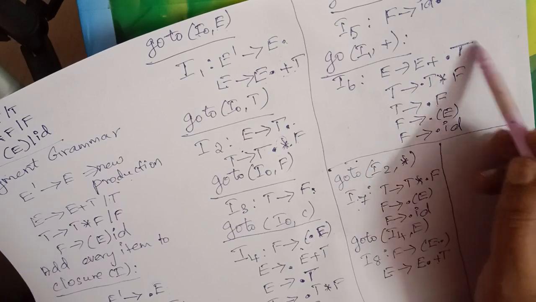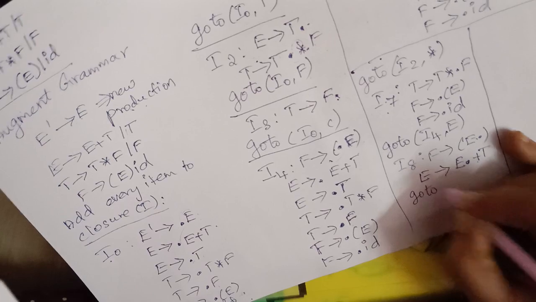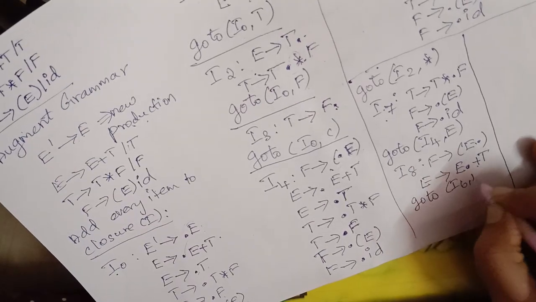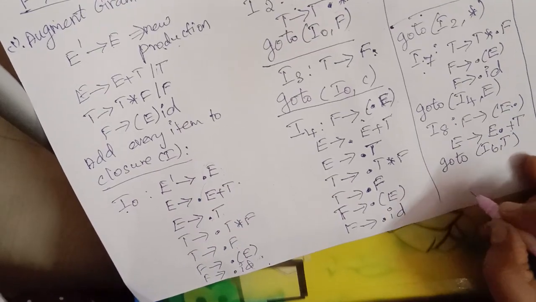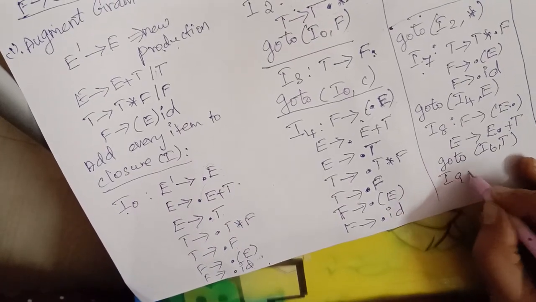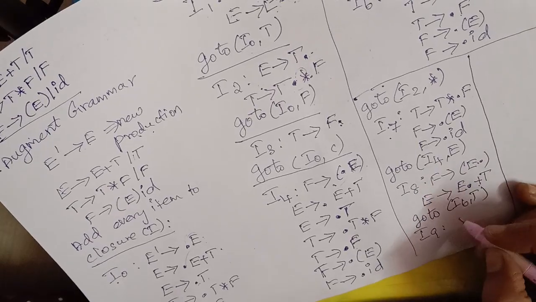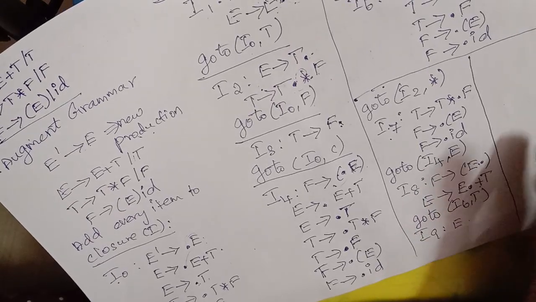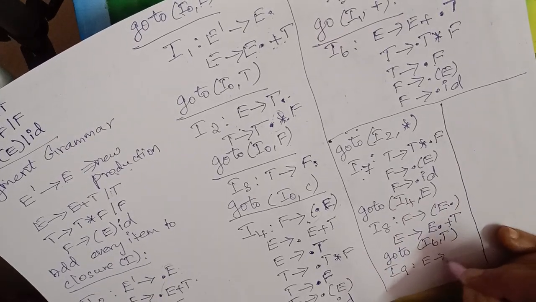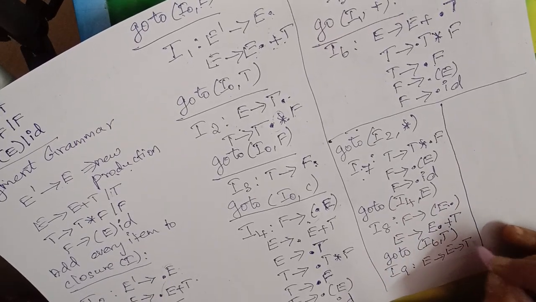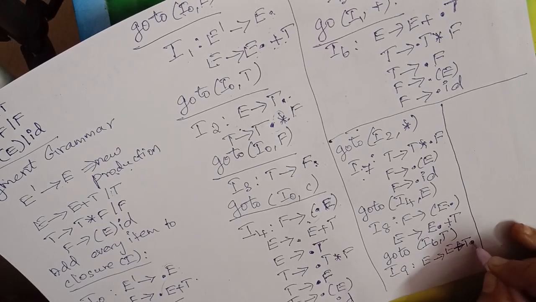For I6, the dot needs to be brought here, so apply goto I6 comma T. I'll get a new item I9. I9 is E tends to E plus T dot.